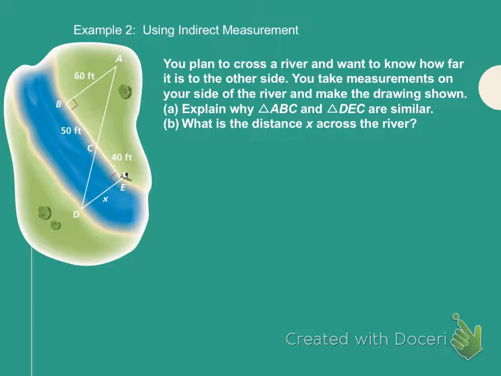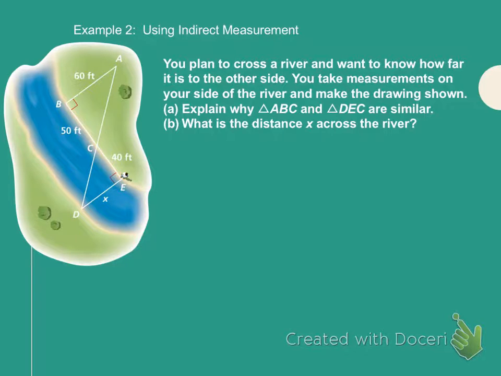Now you plan to cross a river and you want to know how far it is to the other side. You take measurements on your side of the river, but obviously you can't take measurements across the river, and make a drawing shown. You're going to explain why triangle ABC and triangle DEC are similar. And then we're going to figure out what is the distance x across the river.